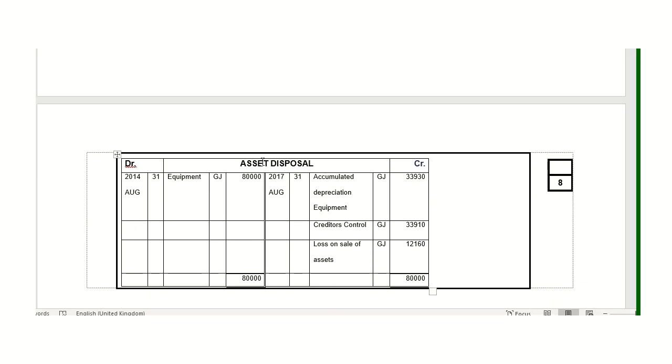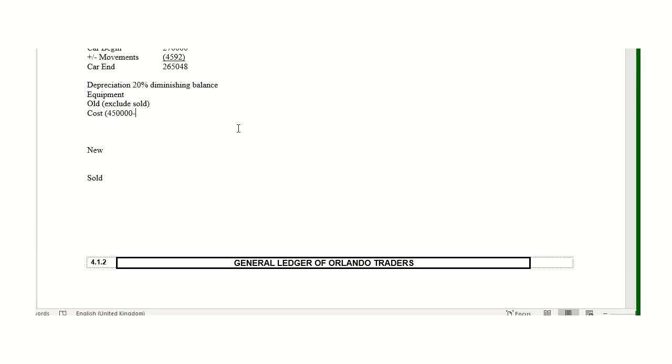The cost of the item sold was 80,000. Go back to your asset disposal. So excluding the cost, take it out. It is 450 minus 80,000 gives me 370,000.